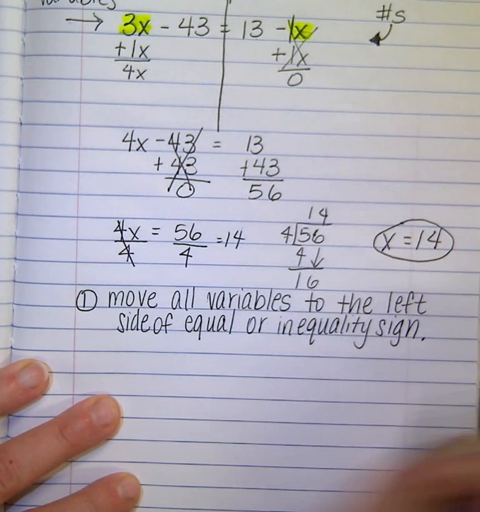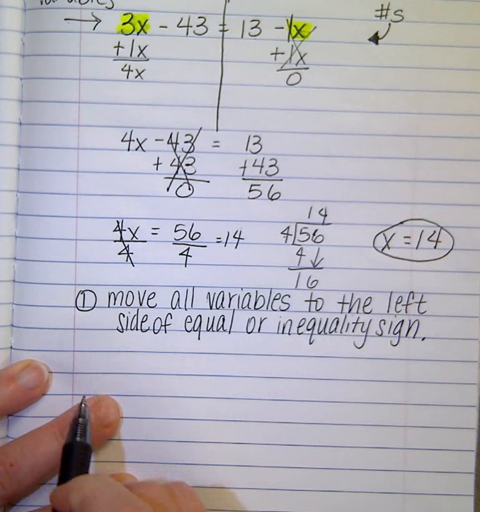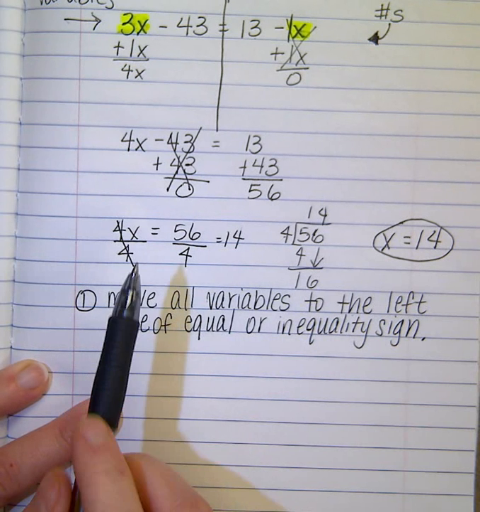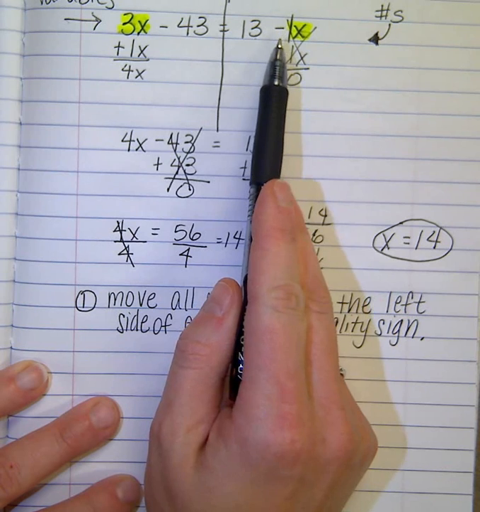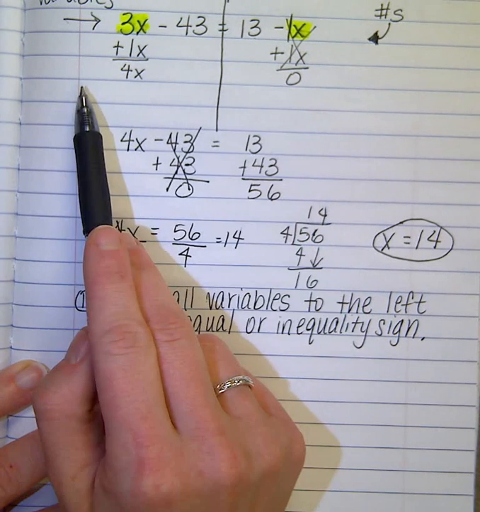Okay, and you remember the way you move that is by performing the inverse operation. So like up here, since this is subtracting, we added to get it over there. And remember, you have to do it to both sides.